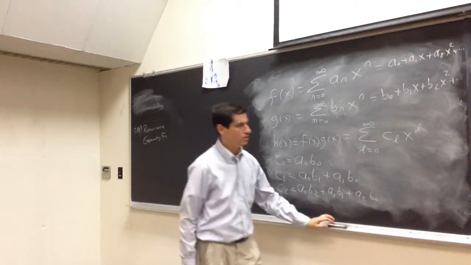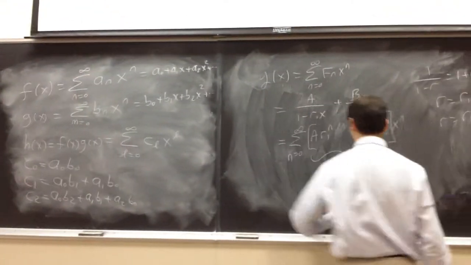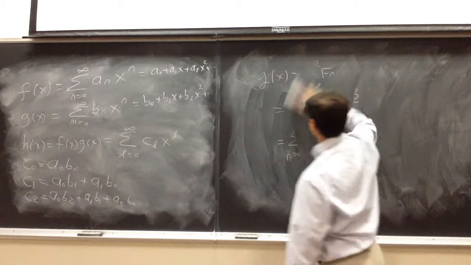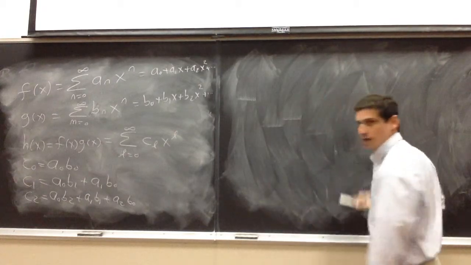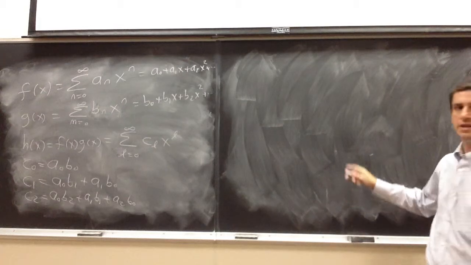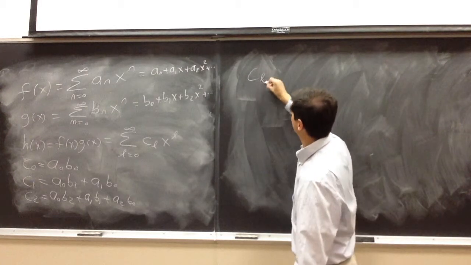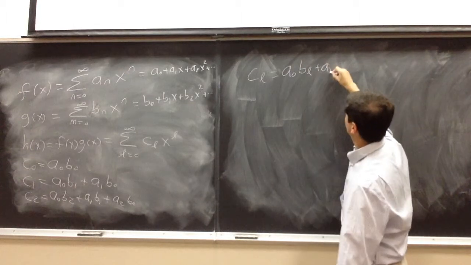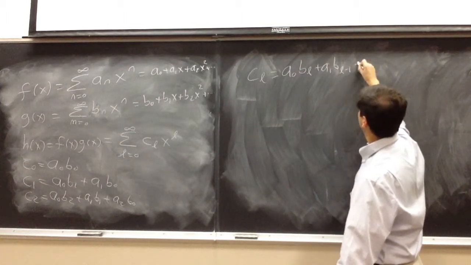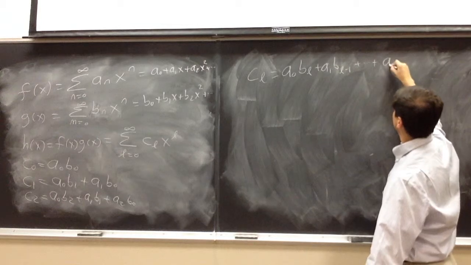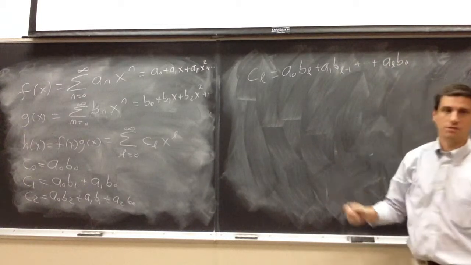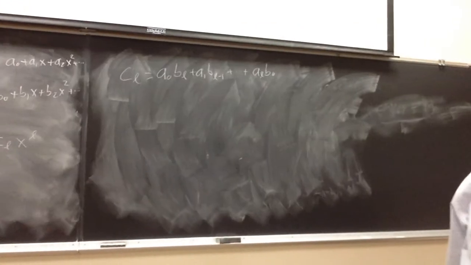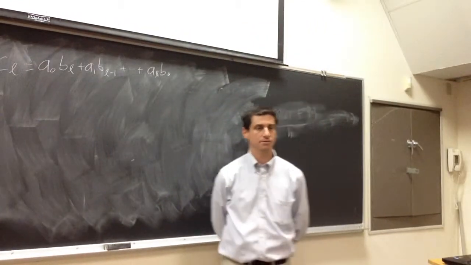And so in general, we have a formula for the coefficient cL. cL will be a0 bL plus a1 b(L minus 1) plus, and so on, up to aL b0. Okay, so now we have a formula for cL.